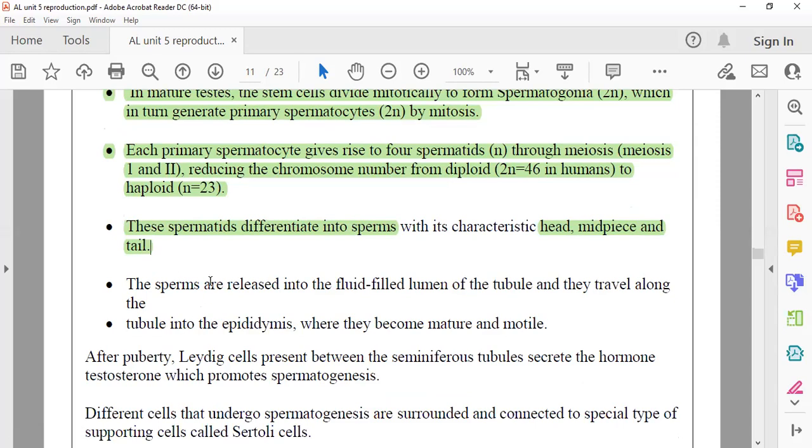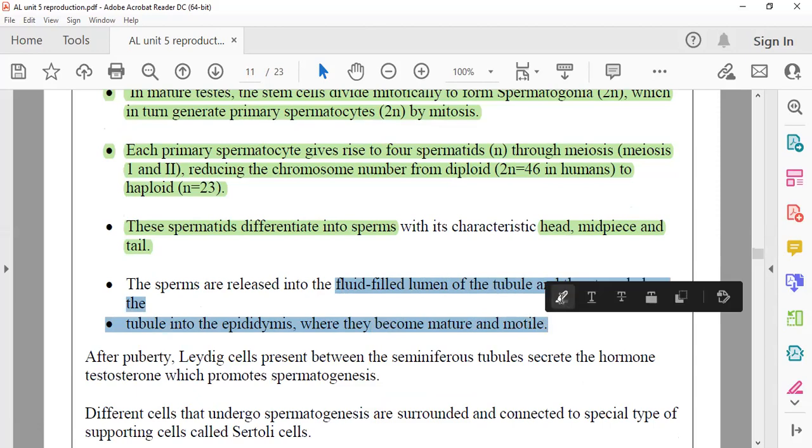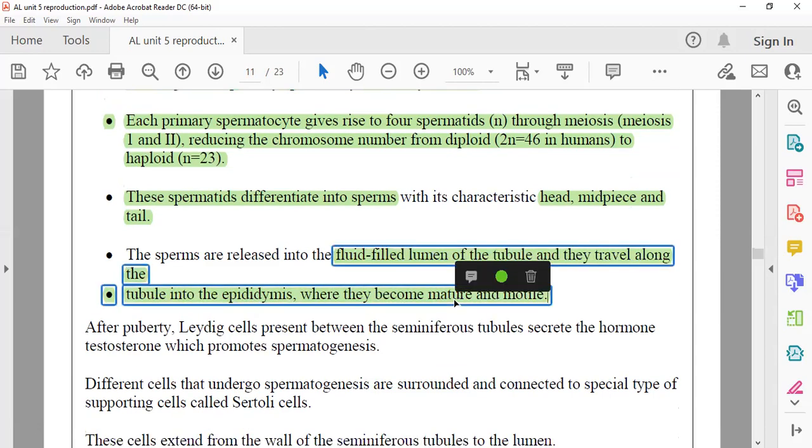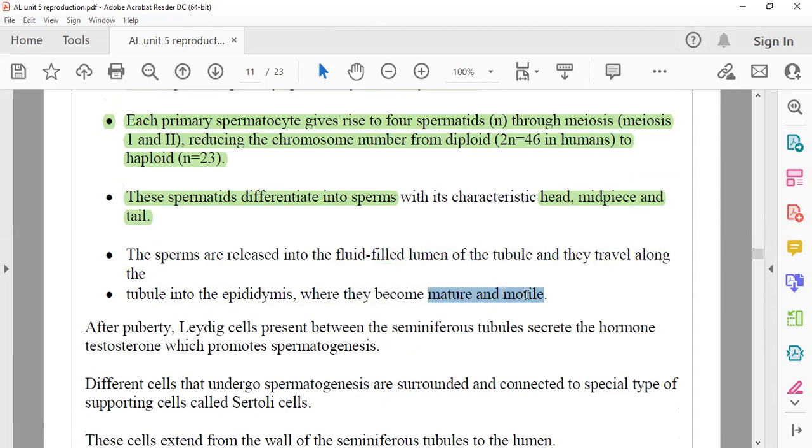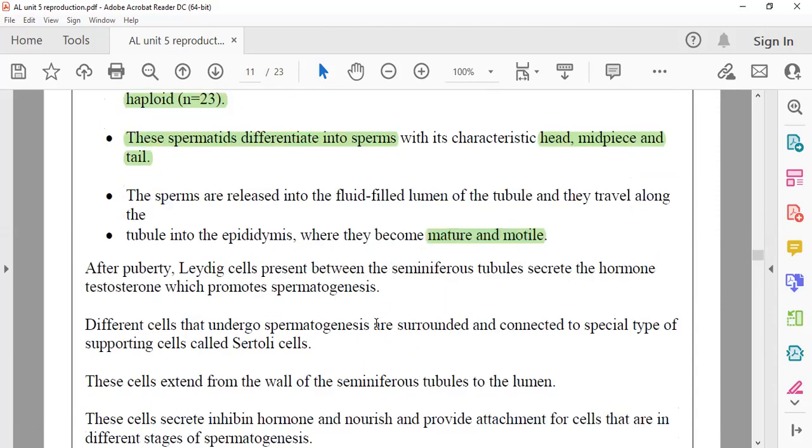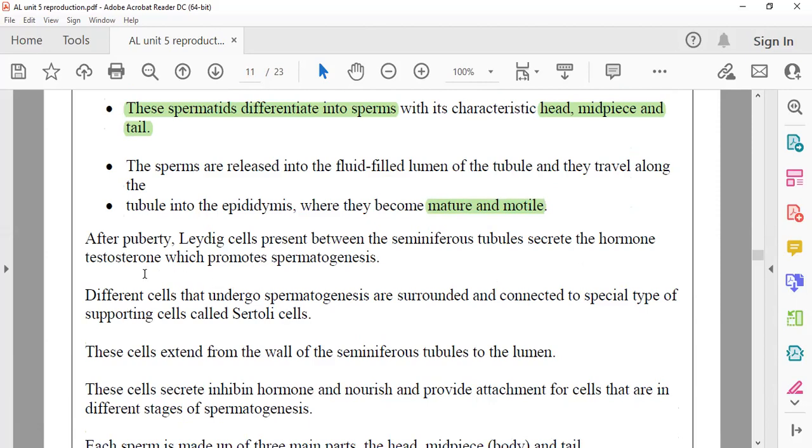Sperms are released into the fluid-filled lumen of the tubule. They travel along the tubule into the epididymis. In the epididymis, they become mature and gain mobility. Agree? After puberty, what are these cells? Leydig cells.